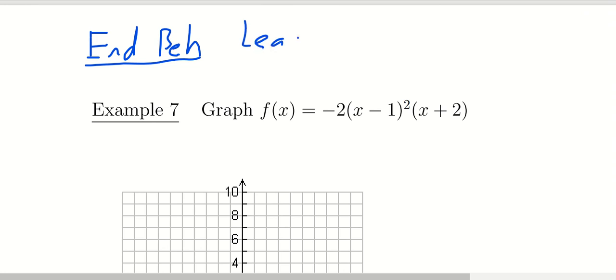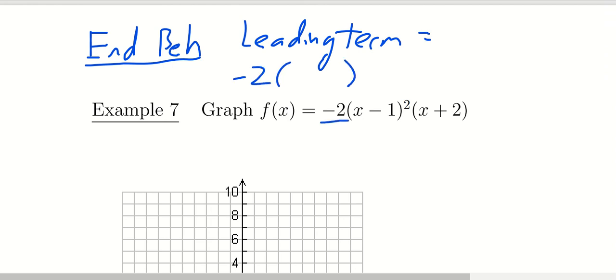So to find the leading term, here's what we need to do. We keep this coefficient, so we have a coefficient of negative 2, and then the highest power in each parenthesis is going to contribute to the leading term here.